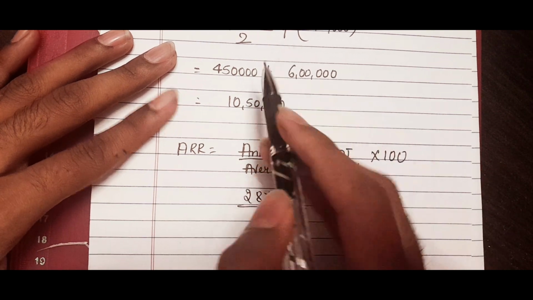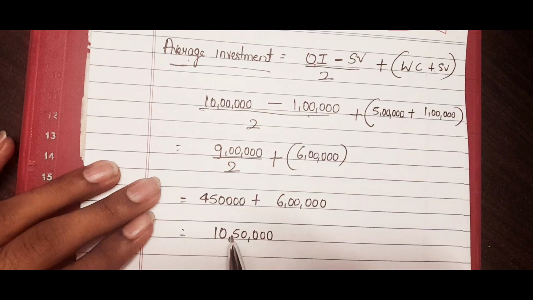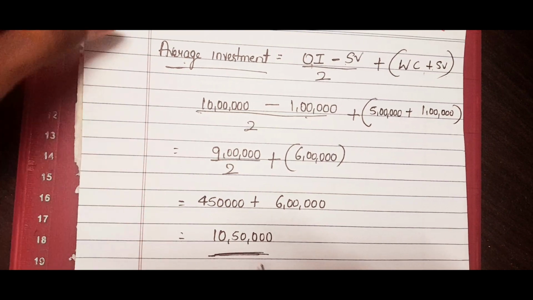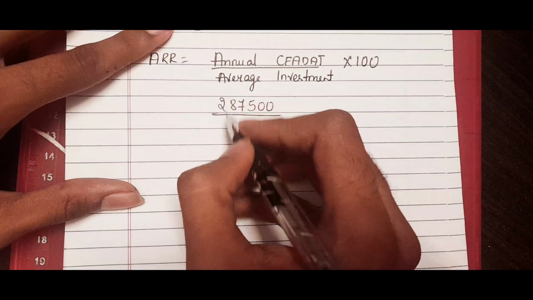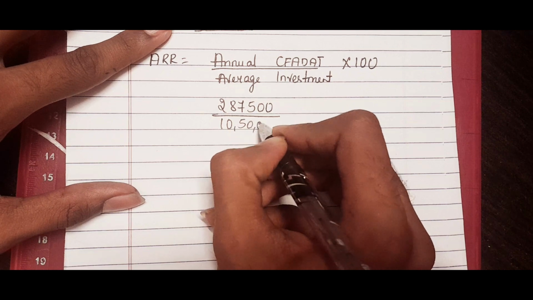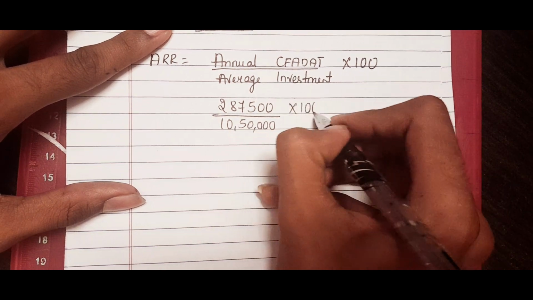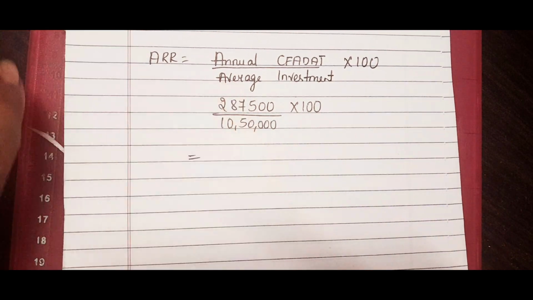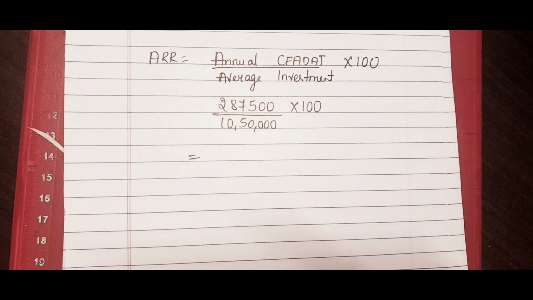So 2,87,500 divided by average investment. Here we have found out average investment is 10,50,000. So 2,87,500 divided by 10,50,000 into 100.